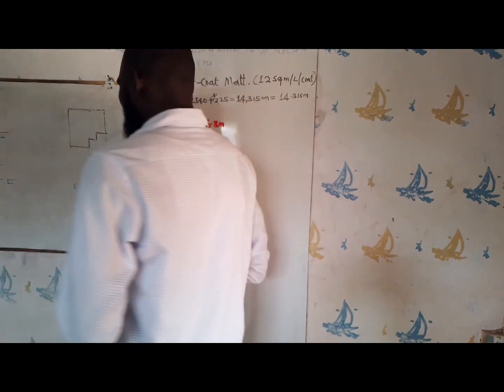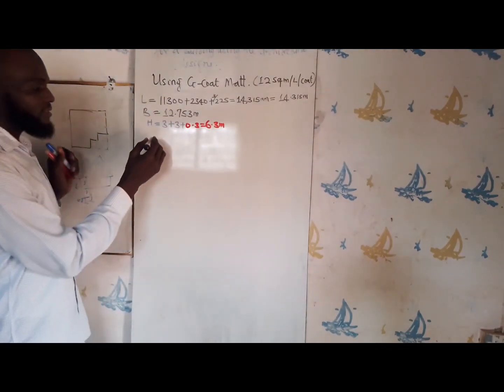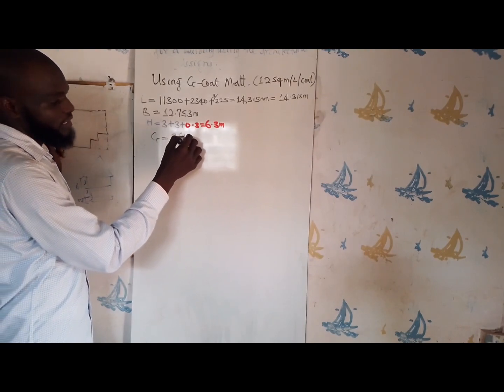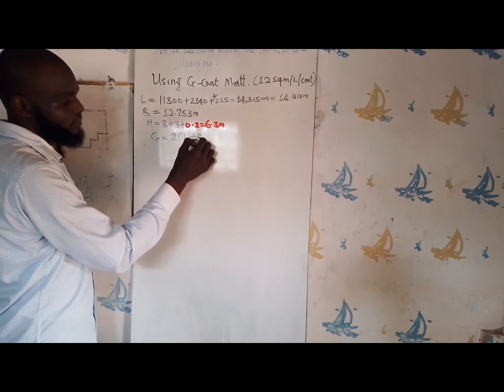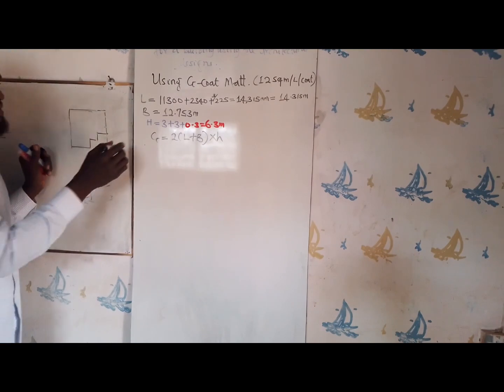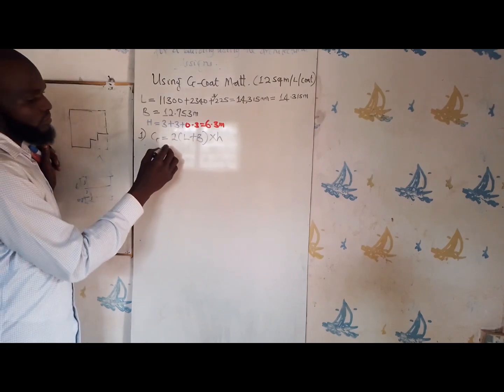As we all know, we can decide to use the girth formula, that is 2 into L plus B, then times height. This is the first formula, and we'll use the second one as well. So let's see.